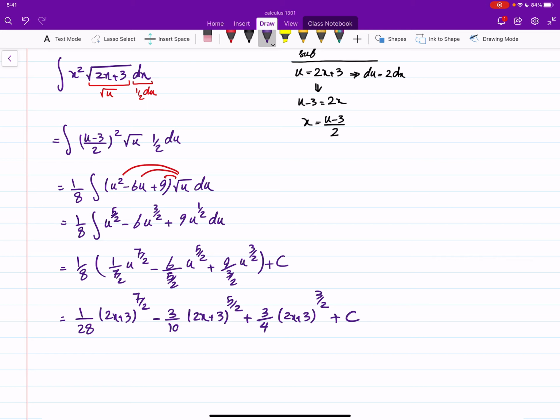So a little bit different nature of substitution, and then we turn that into what we wanted to have.